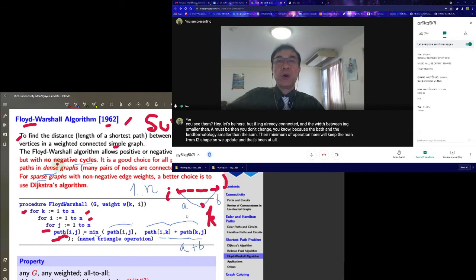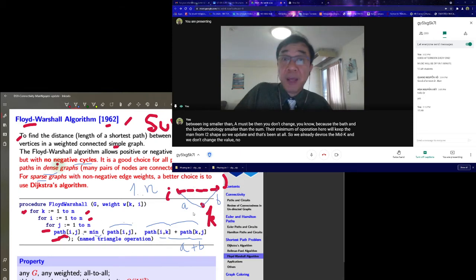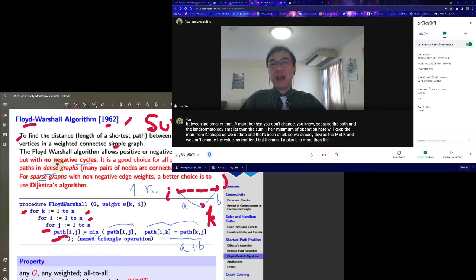So we already traverse the node K, and we don't change the value from I to J. But if a plus b is smaller than the length from I to J, then obviously the new label will go to the left hand side here, you see.